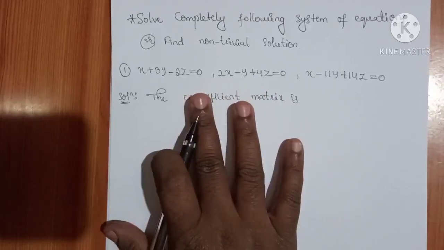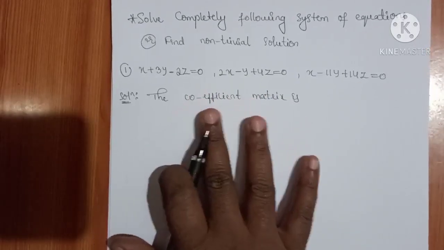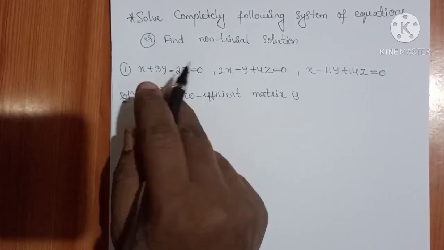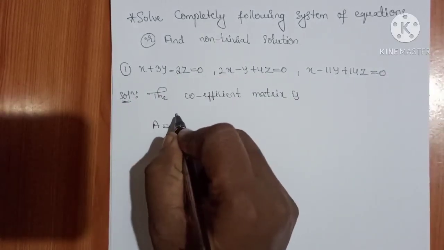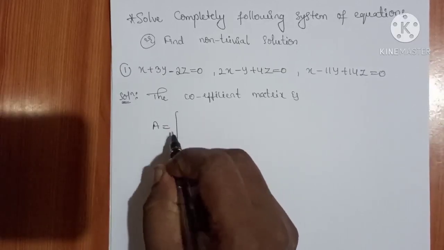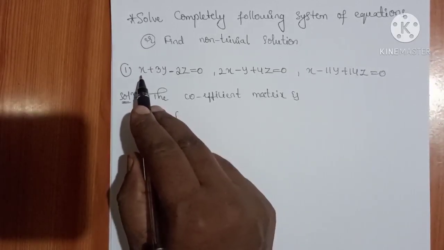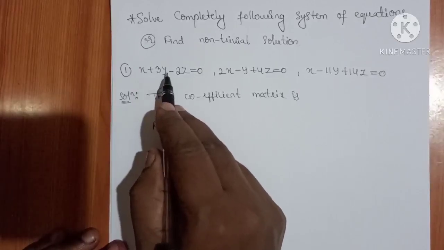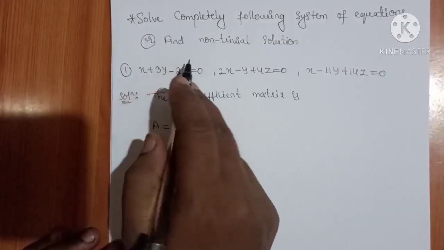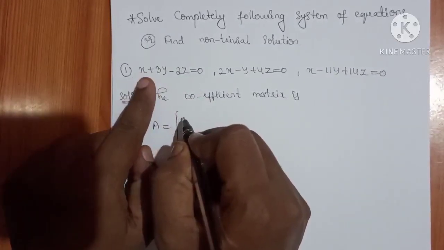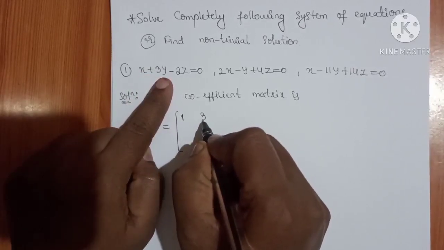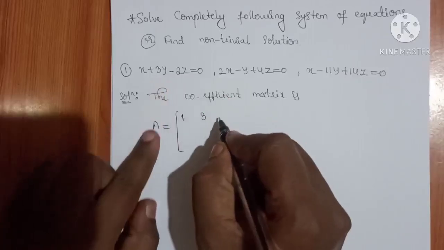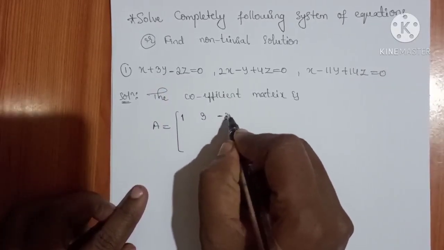First we shall write the coefficient matrix. For this system of equations, the coefficient matrix A is nothing but the matrix of the coefficients of x, y, z in all the given equations. In the first equation, the coefficient of x is 1, of y is 3, of z is minus 2.